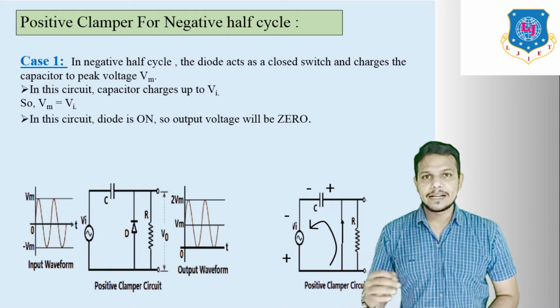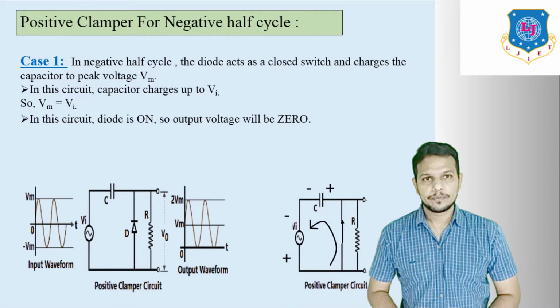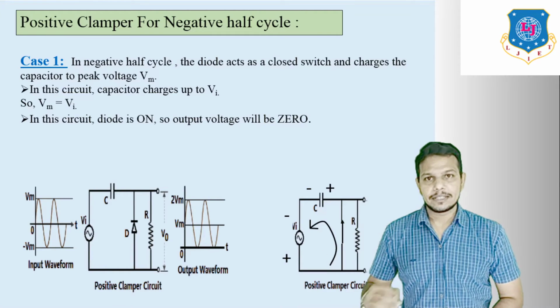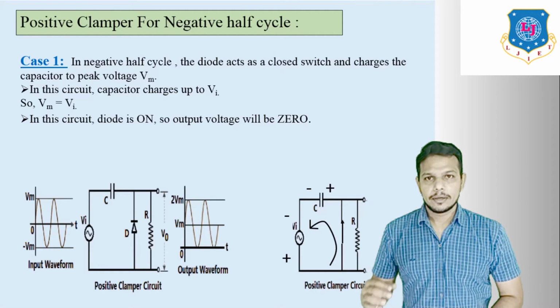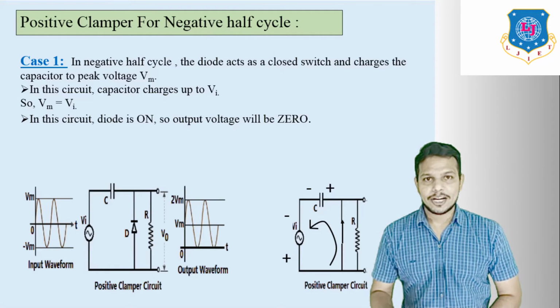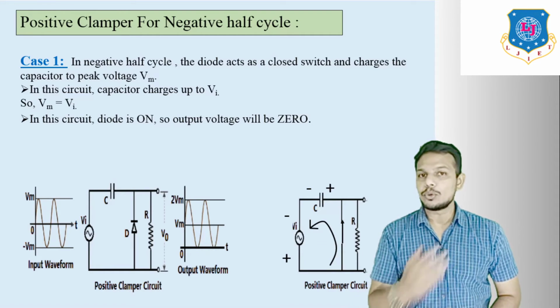If there is a negative half cycle, the diode acts as a closed loop and charges the capacitor up to Vm. In this circuit diagram, the capacitor charges up to Vi, or we can say Vm. So basically Vm is equal to Vi.